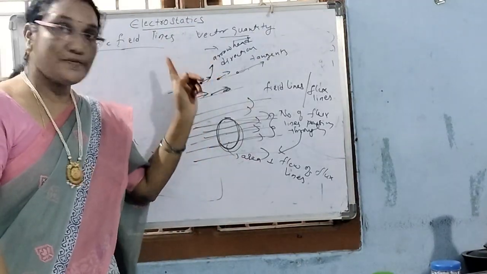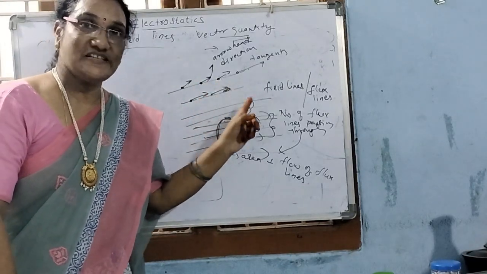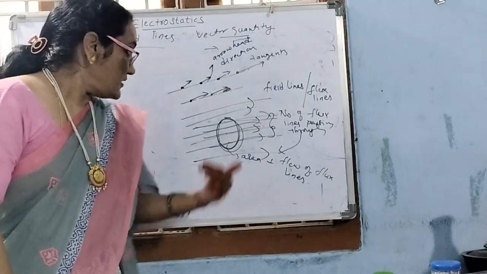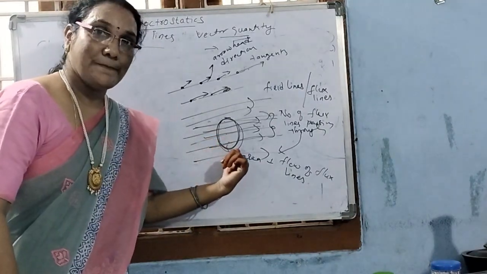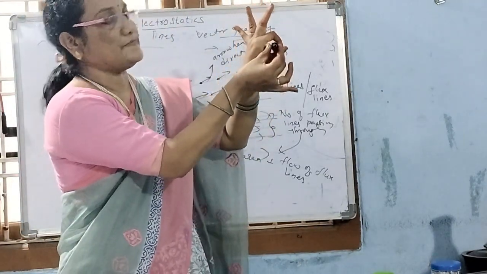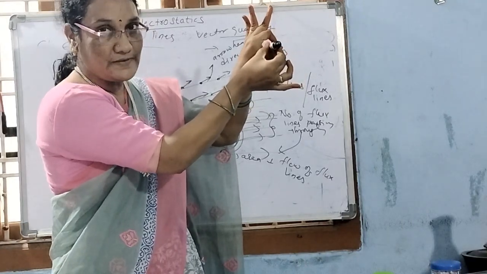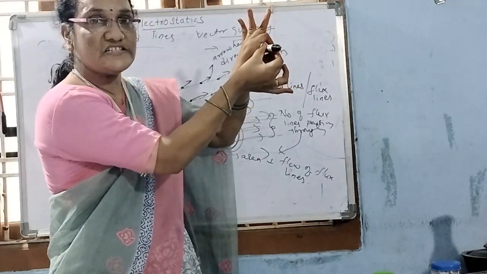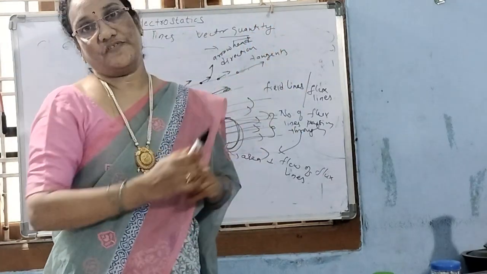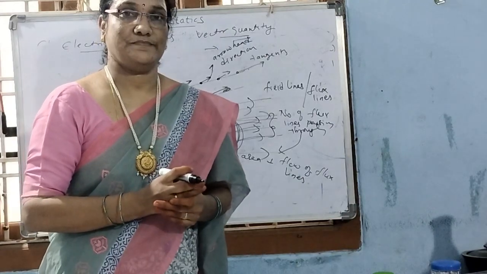So, direction, by drawing the tangent at each and every point along the flux lines, gives the direction of the flux lines. And the magnitude, if we consider any area perpendicular to the flux lines, the number of flux lines flowing through this area gives the magnitude of that particular flux lines.